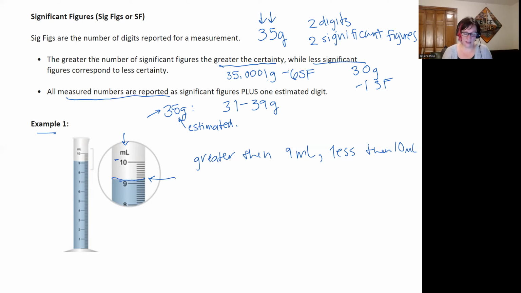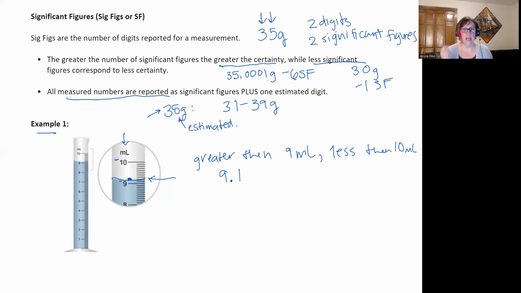So I can see that I've got at least 9.1, but it looks like it is probably right at 9.2. It's definitely below 9.3. We're going to measure from the bottom of the meniscus. There's a slight curve. I think it's just below 9.2. So I can read 9.1 at least.